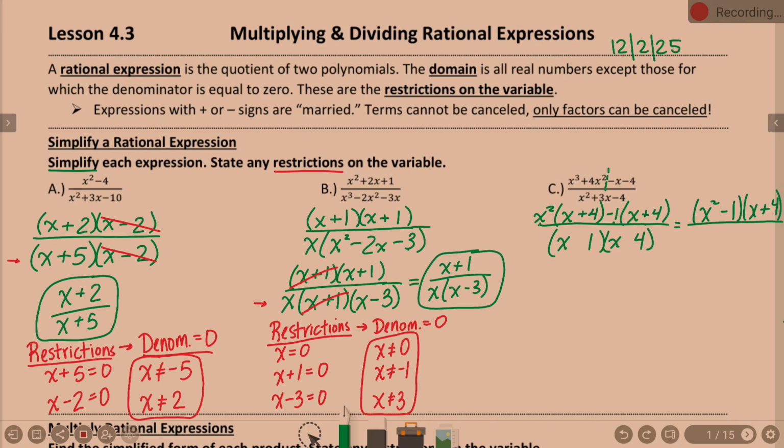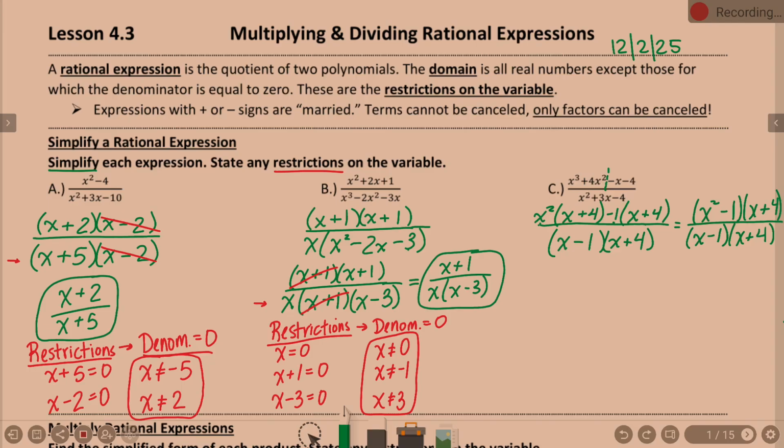If we multiply to be negative 4, I need 1 positive, 1 negative. If we're adding to be positive 3, positive 4, negative 1. Okay, and I'm just going to carry this over here. X minus 1, x plus 4.